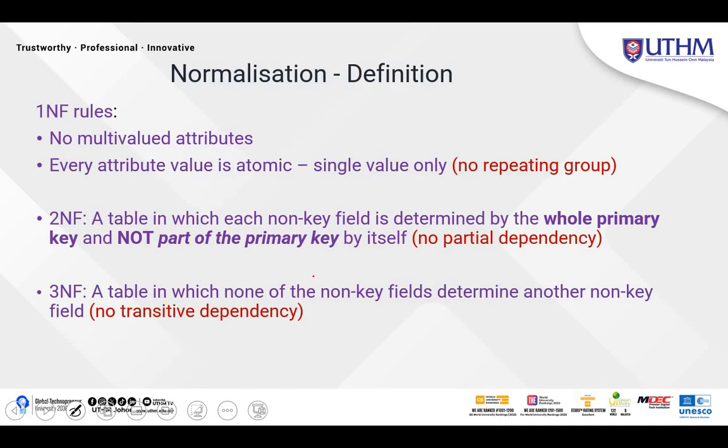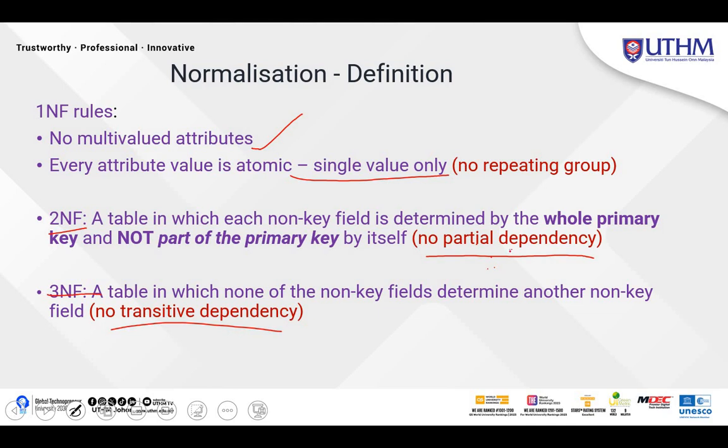Okay, so these are the normal forms that you need to identify. First normal form: no multi-valued attributes, which means every single row must have a single value only. Second normal form: no partial dependency. Third normal form: no transitive dependency, which means a non-key determinant determining another non-key attribute. Second normal form applies to tables with two primary keys, known as a composite key.